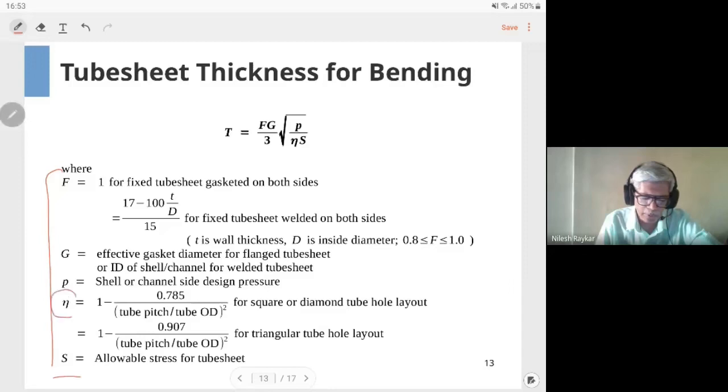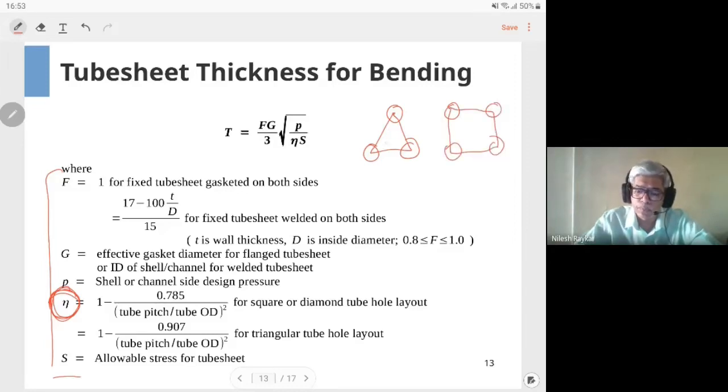One of the important factors considered here is the joint efficiency. There are typically two types of tube hole layouts, a triangular hole layout or a square hole layout, which are the most common. Depending on the pitch of this layout and the size of the tube hole, the tube sheet essentially becomes a perforated plate.